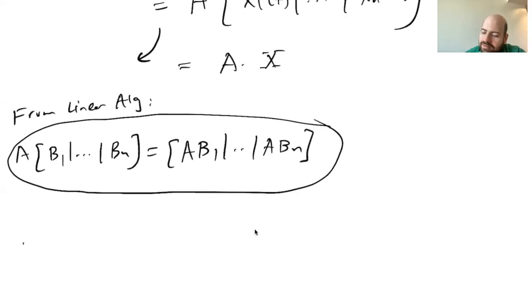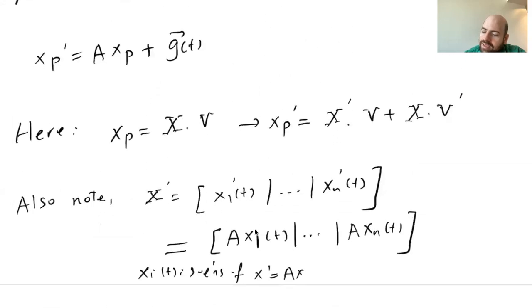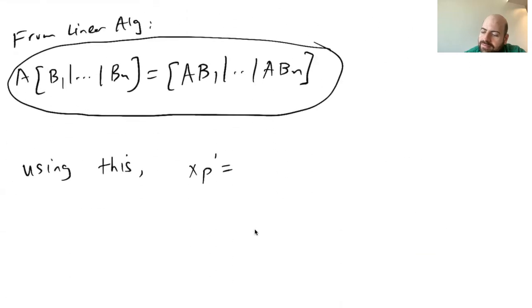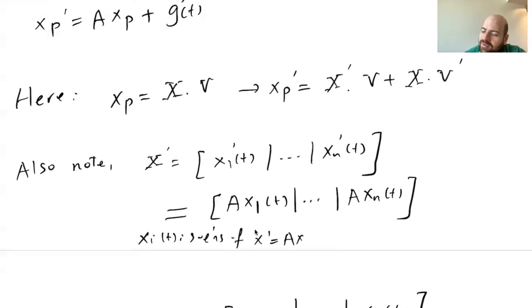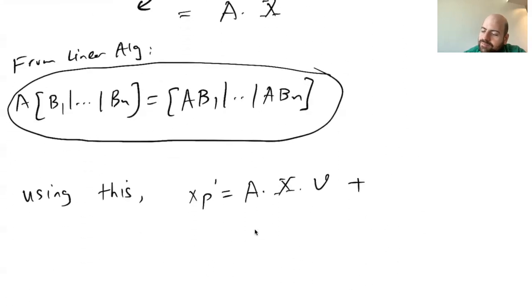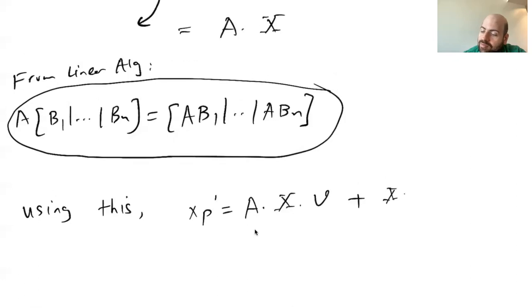So using this, xp prime can be written as: capital X prime, we know, is A times capital X, so A times capital X times V, plus capital X times V prime.